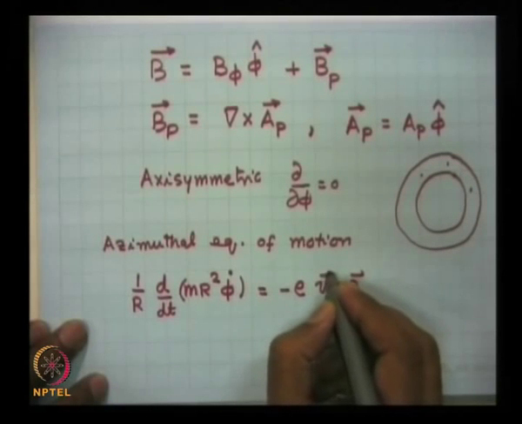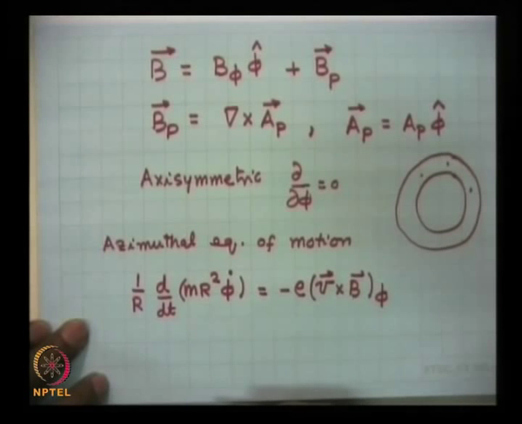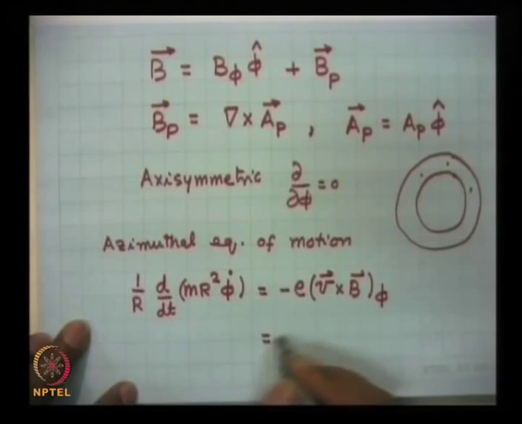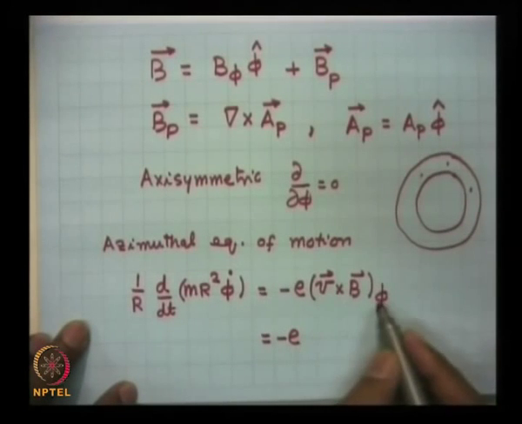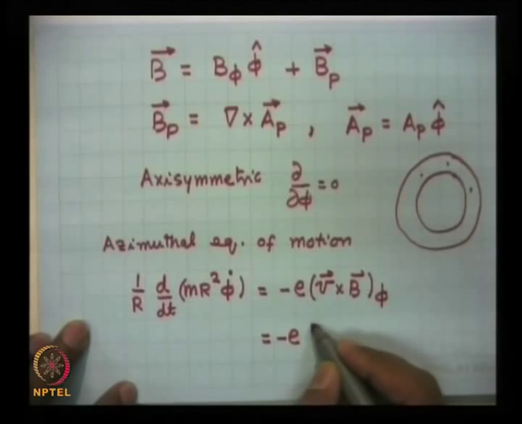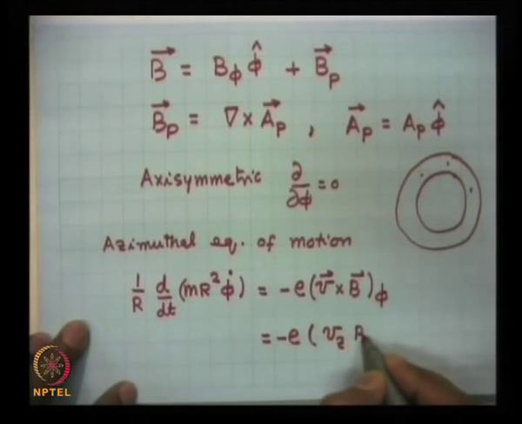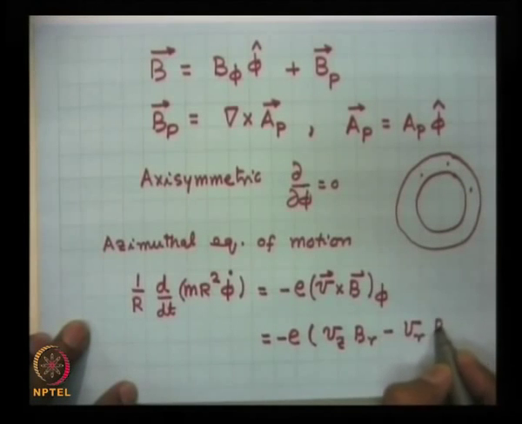And I must write down the phi component of this. Here minus e is the charge of the electron. If I write down the components, this will be Vz Br minus Vr Bz.